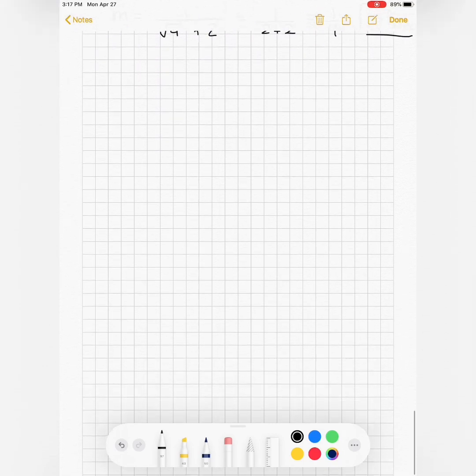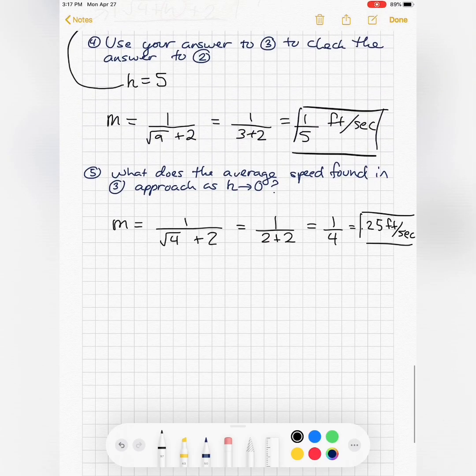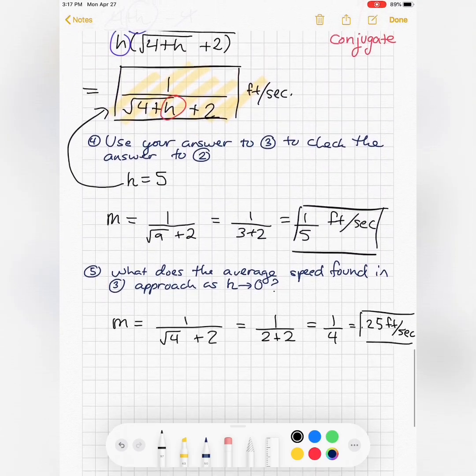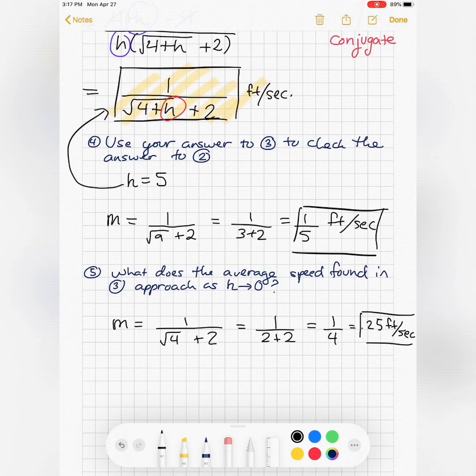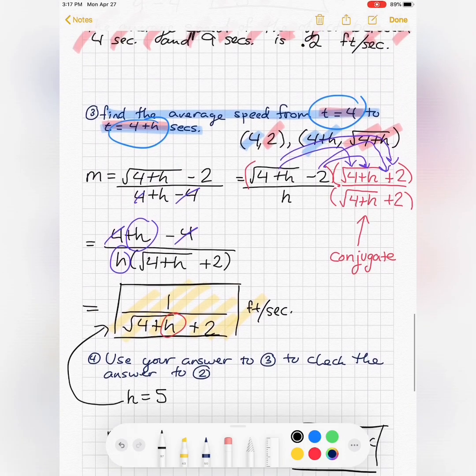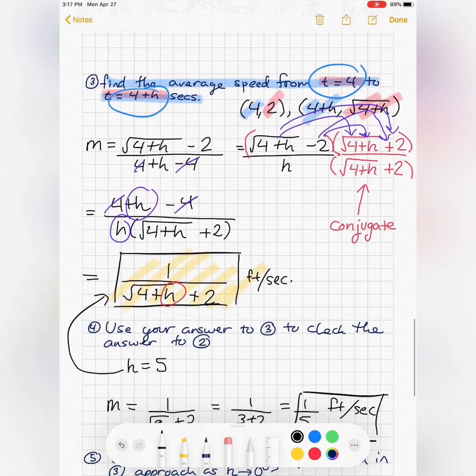Okay, let's see if we can do an interpretation. So what does that mean? What does it mean that the average speed found in part 3 approaches 1/4 as h approaches 0? This was the average speed from 4 to 4 plus h seconds. So if h goes to 0, then wouldn't that just leave me with t equals 4?